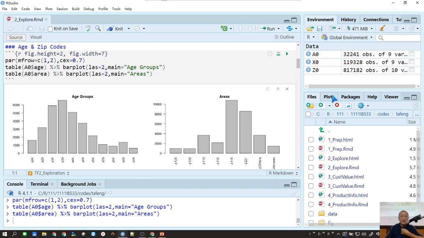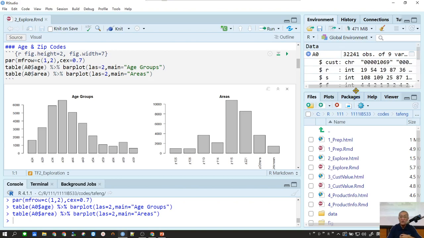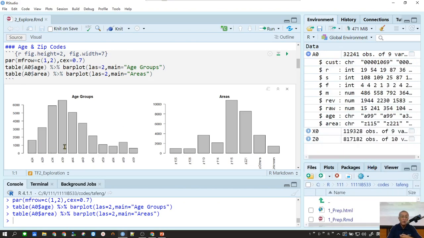So for data exploration, usually we start from one single variable at a time, okay? For example, if I want to understand my customer, first of all, I want to see their age group distribution. I want to see their area distribution, okay?